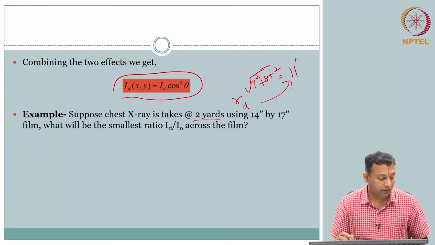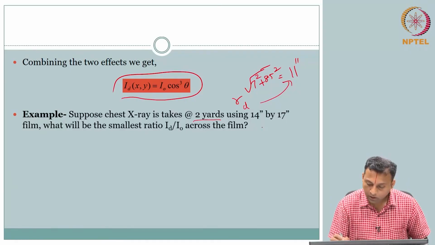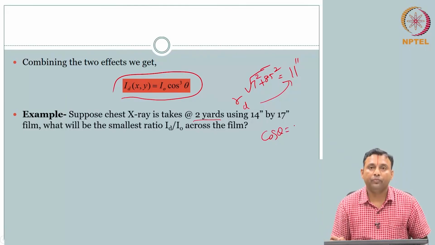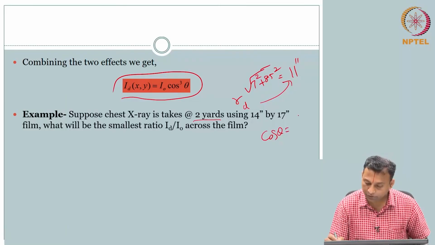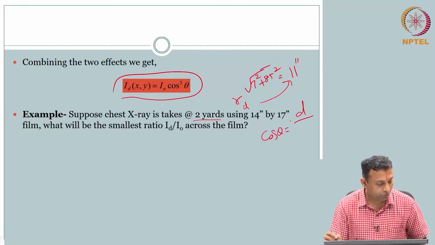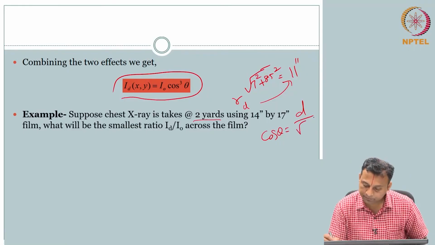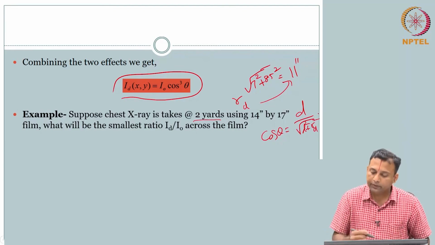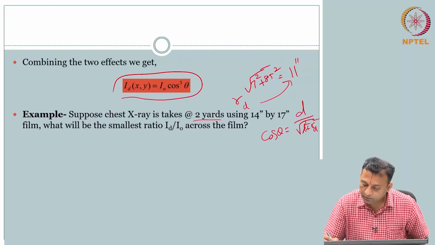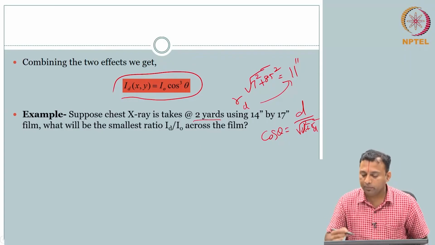What you need to do is your cos of theta, which we want to be the maximum. Say you have d divided by the square root of d square plus r_d square.